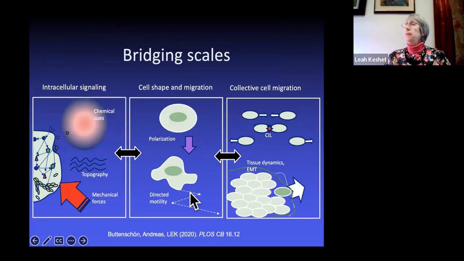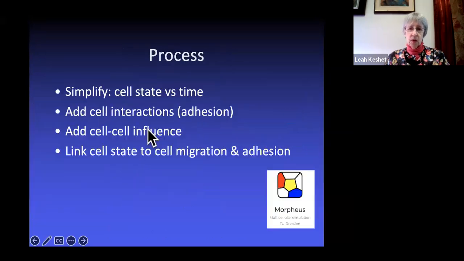Okay, finally, in the last 5 minutes or so, I just want to bridge to what we've been doing more recently in collective cell behavior in many cells. So I'll very briefly describe two projects, and essentially you'll see that in order to go from one cell to a collection of many in the tissue, we basically simplify the cell.